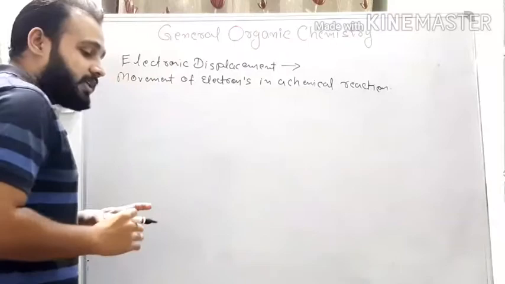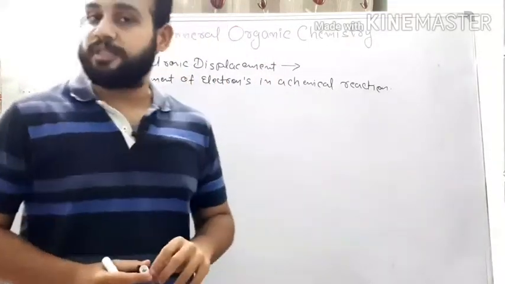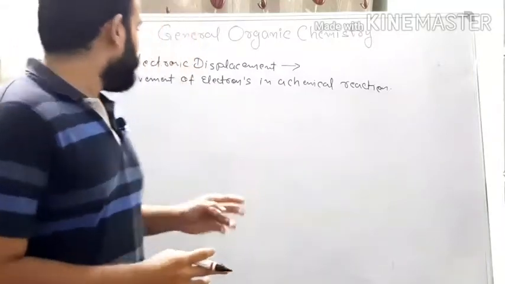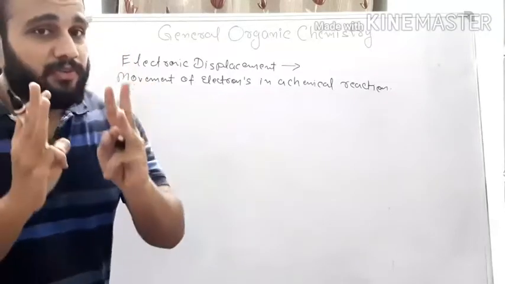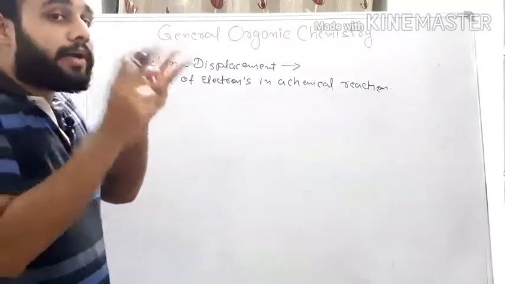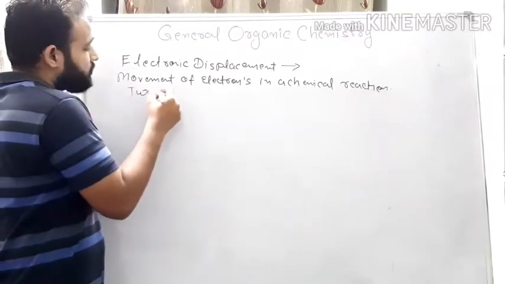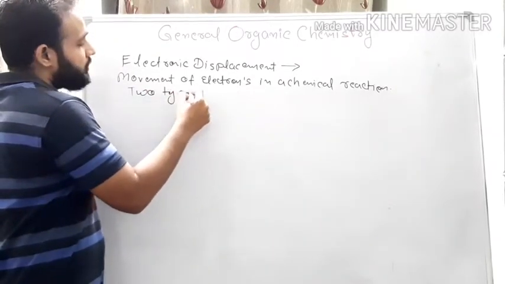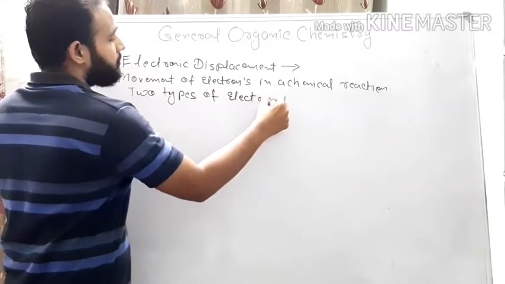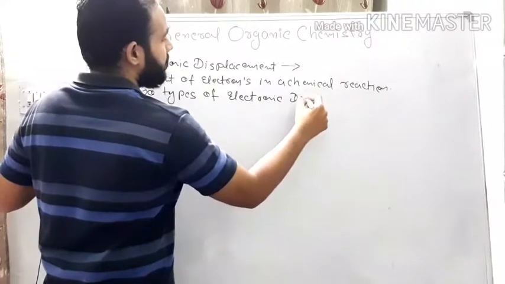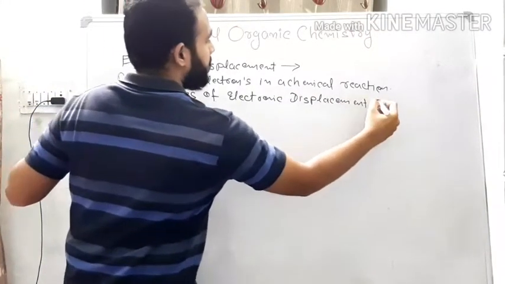Basically friends, a reaction completes when electrons move from one species to another species. So movement of electrons occurs. There are two types of electronic displacement in chemical reactions or reaction mechanisms.